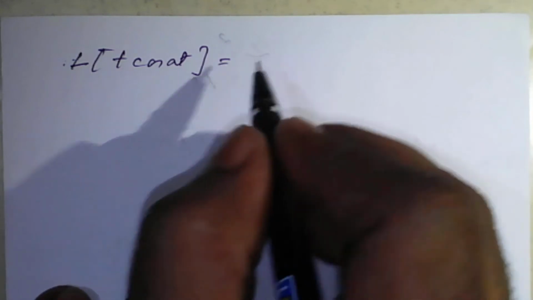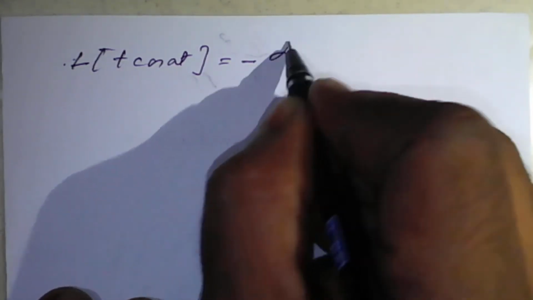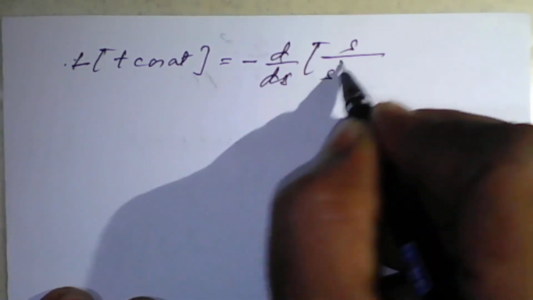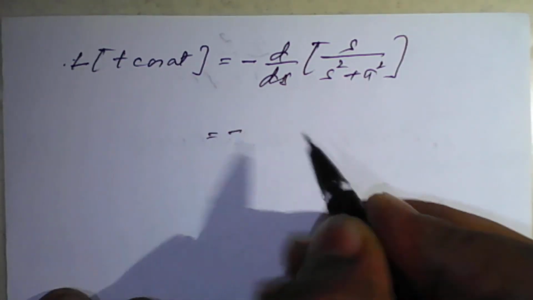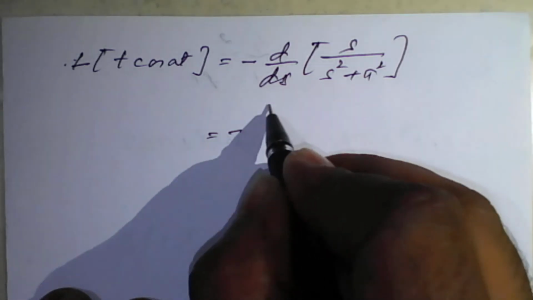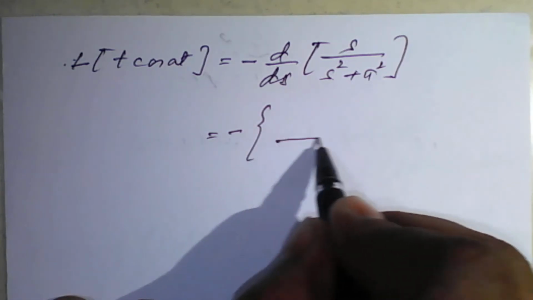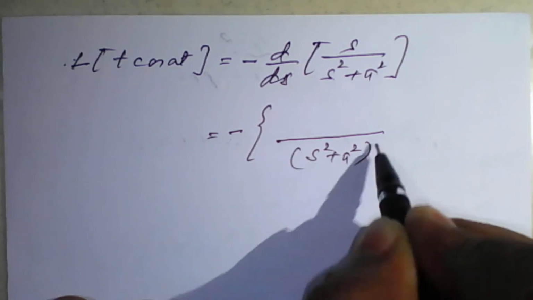So therefore Laplace transform of t into cos of at is equal to minus 1 raised to 1, which will become minus d by ds of s divided by s square plus a square. Now I will differentiate. This minus I will keep outside. So differentiation of s upon s square plus a square: denominator square, that is s square plus a square whole square.